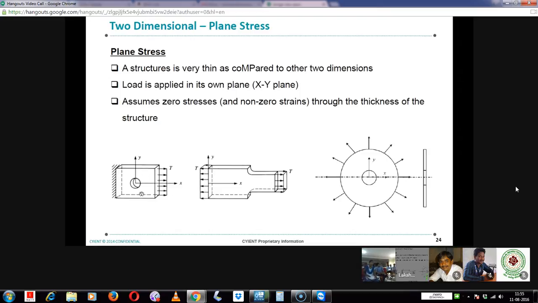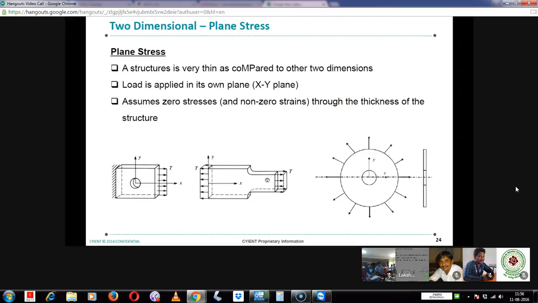You cannot apply loads out of plane, along the z direction. It assumes zero stresses through the thickness of the structure, zero stresses and non-zero strains. That means along the z direction there are no stresses.